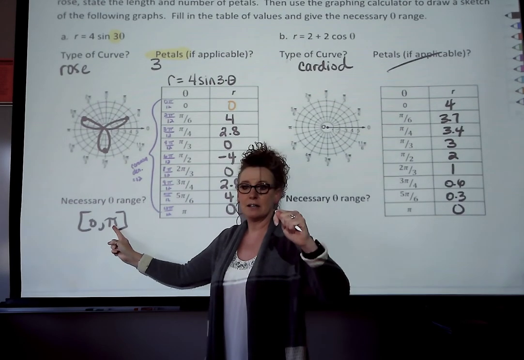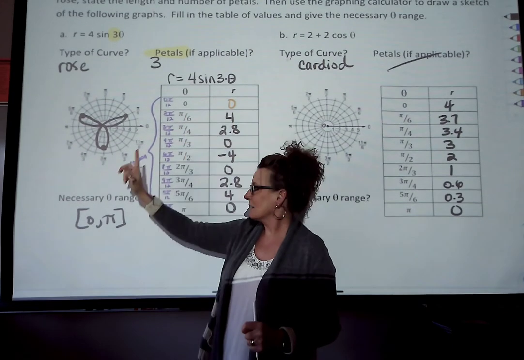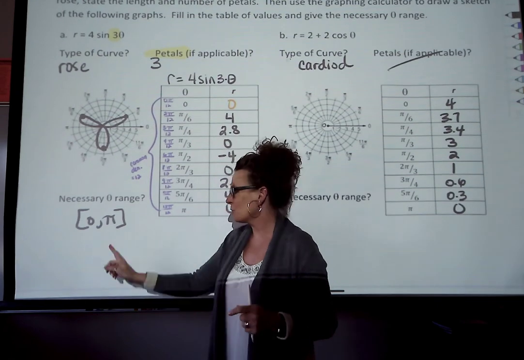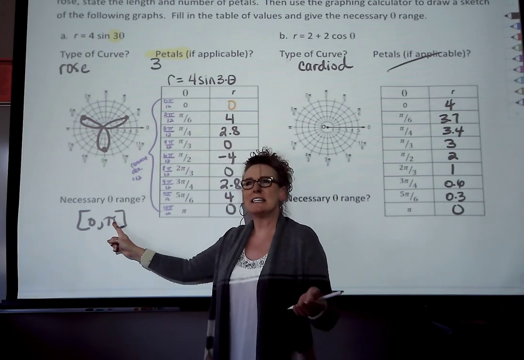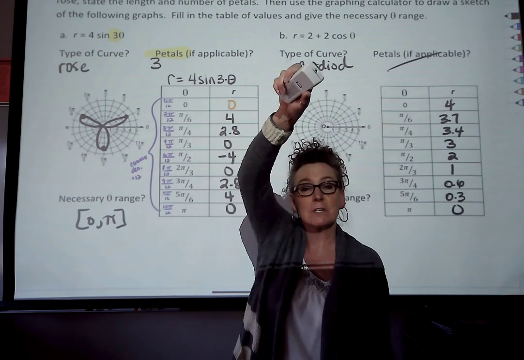And then my calculator was still spinning, and it redrew the whole thing. How do I know it needed to go to pi and not 2 pi? Well, easy. Just change your window.